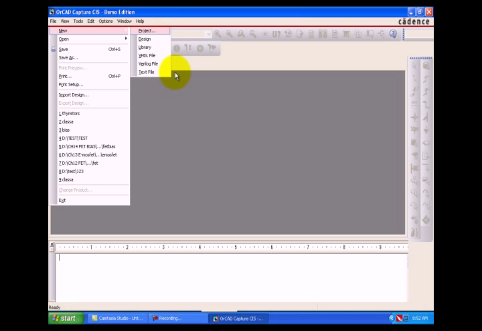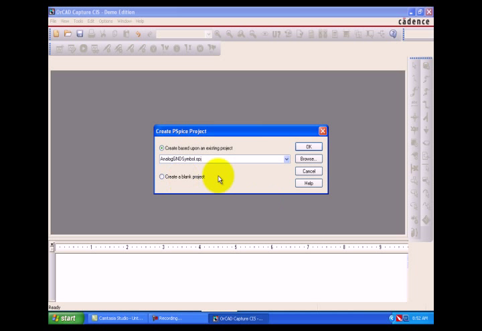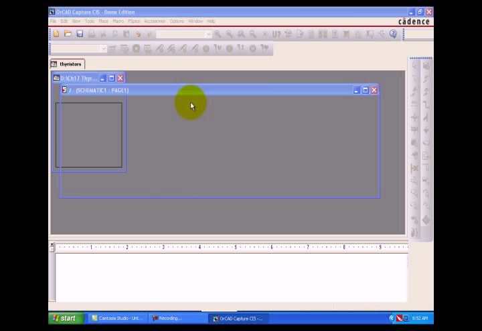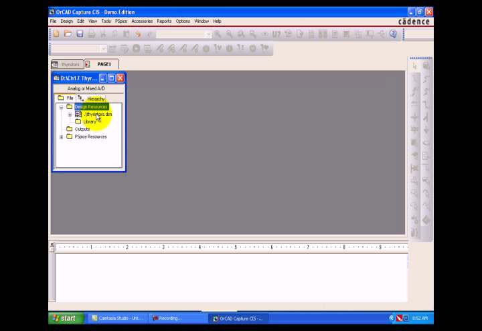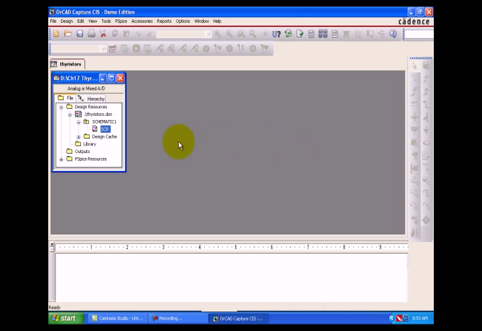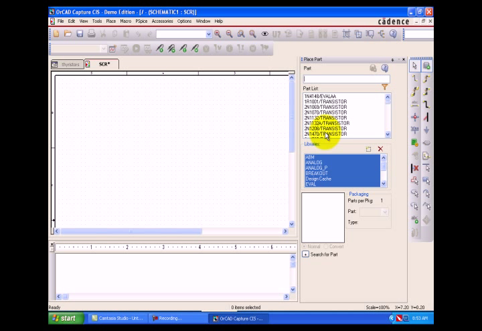Chapter number 17, the Thyristor. Make a blank project. That's the SCR schematic. Load all the values. We're going to have the SCR 2N1595.